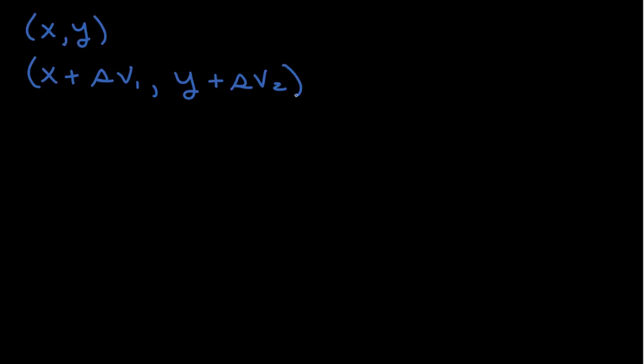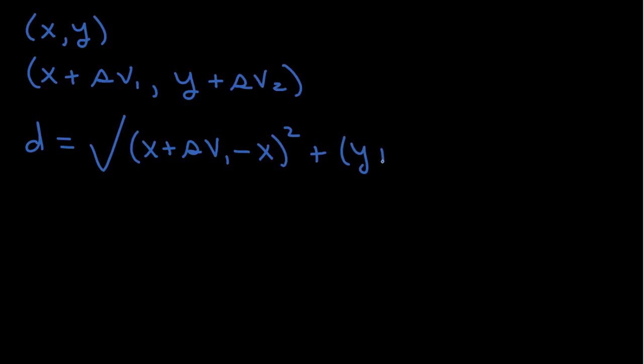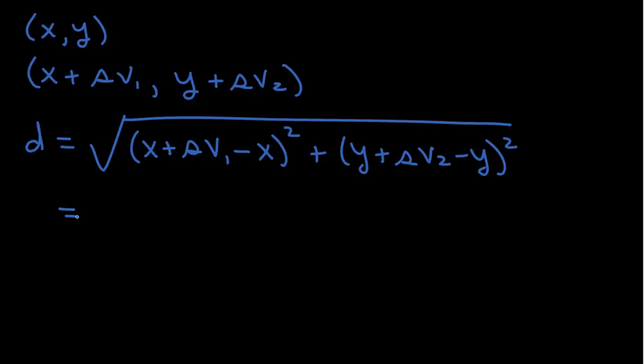So I'm going to use the distance formula. The distance formula says I'm going to take the square root of the difference of the x's squared plus the difference of the y's squared. I'm going to take the square root of that, and let's see what I get.